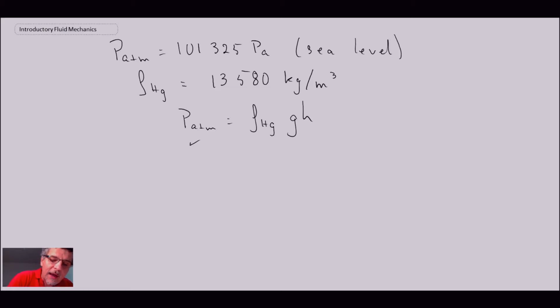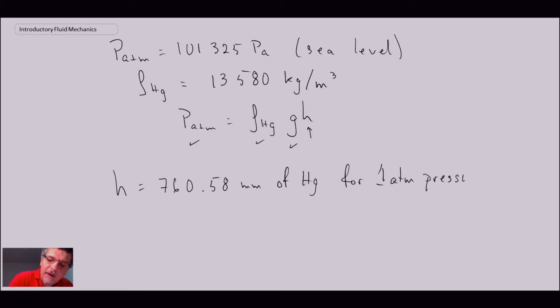We know P atmosphere, we know the density, we know the gravitational constant, so that enables us to determine how high that column should be. And when we do that, we get 760.58 millimeters of mercury for 1 atmosphere pressure.